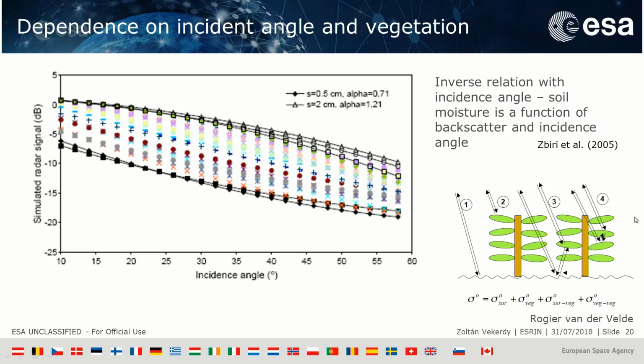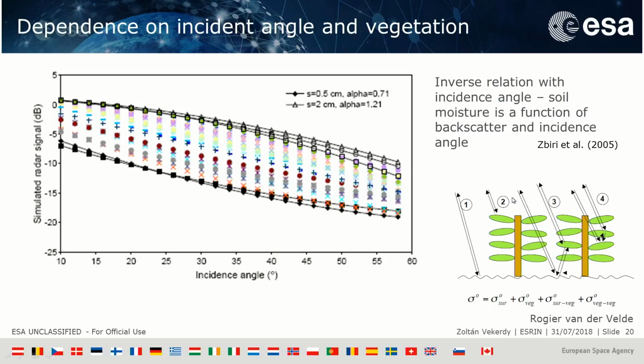Not to mention that this vegetation is in fact a complex canopy. And this complex canopy results in a lot of internal scattering. And the moisture content of the canopy contributes to the information of the moisture content from the soil.